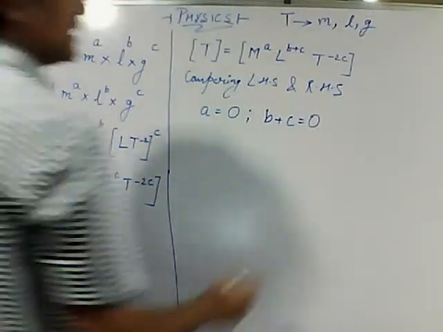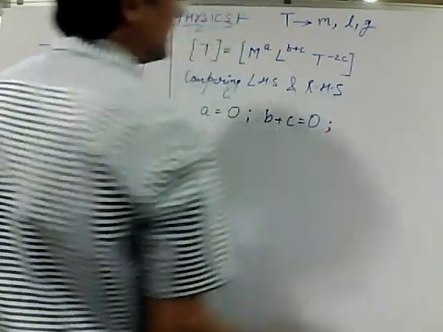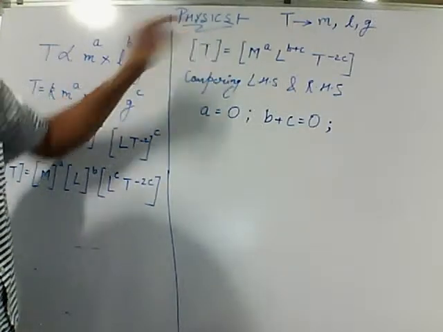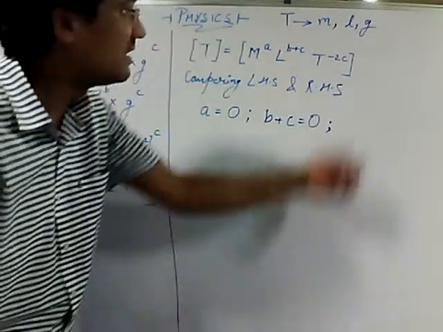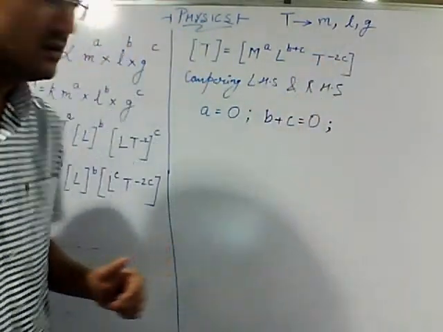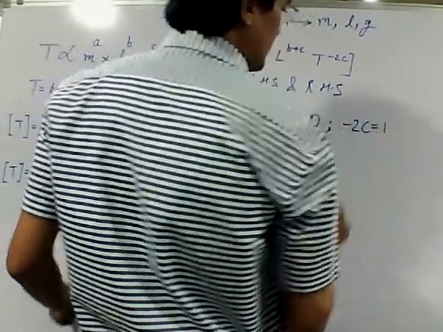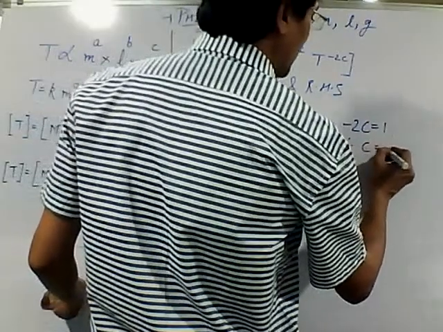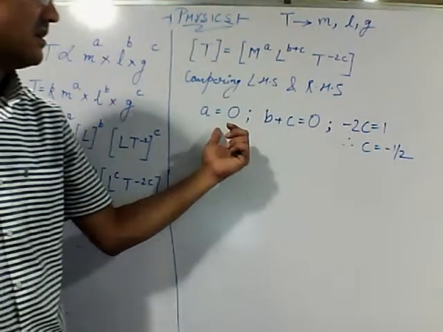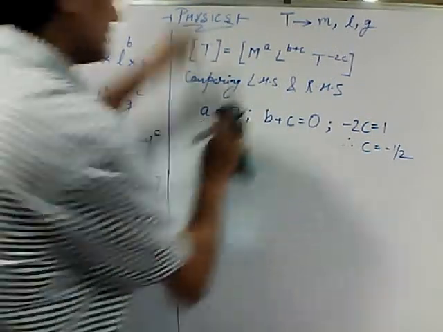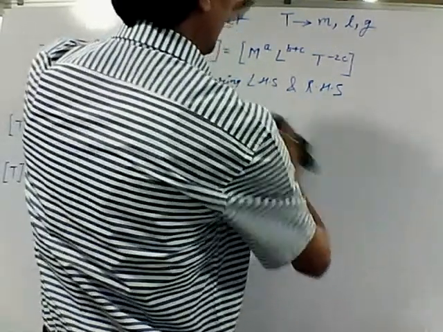So what I'll get then, again, let us compare T. Here T is having power 1 and over here T is having power minus 2C. So minus 2C is equal to 1. Therefore C is equal to minus 1 by 2. I'll write it separately.